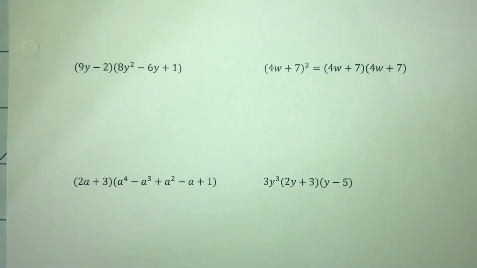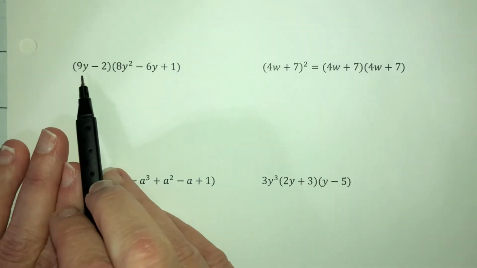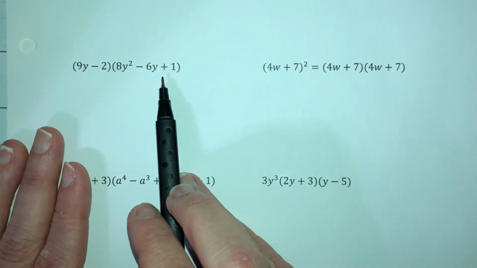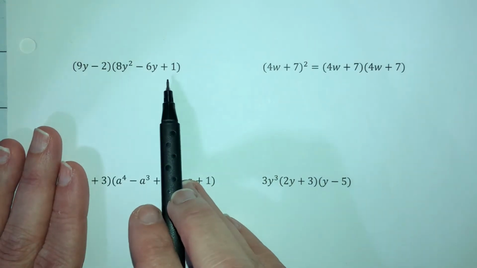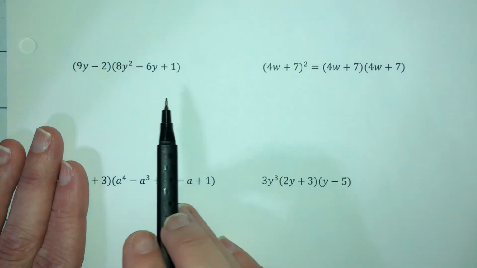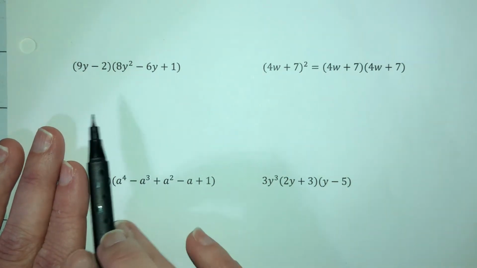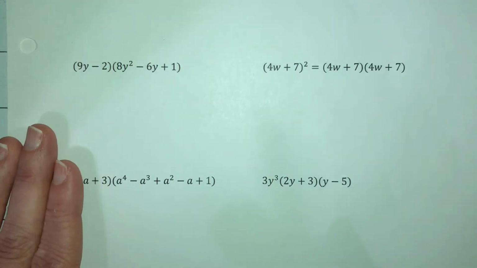Okay, now for this type of problem, we have a binomial times a trinomial. When you learned this in high school, maybe, you may have been taught the box method. What I'm going to show you is exactly the same thing as the box method. We just don't actually have to draw the boxes. I don't see any good reason for remembering all of these different methods for doing the same thing.